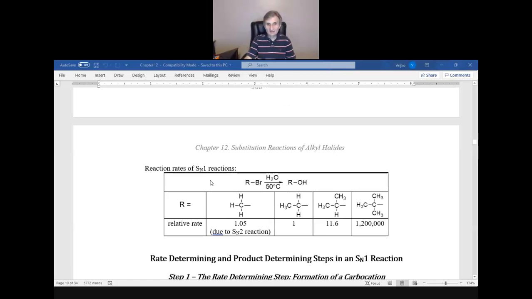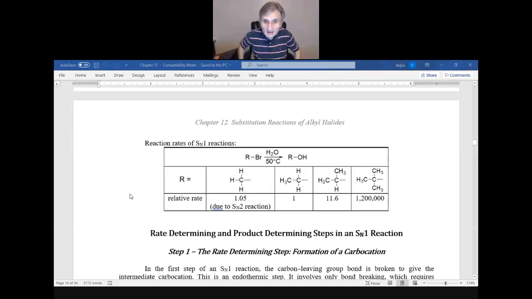And here you can see experimental data that an alkyl bromide with water at 50 degrees reacts in an SN1 reaction to give the corresponding alcohol. If this R is a methyl group, the reaction actually does not proceed through the SN1 mechanism at all.